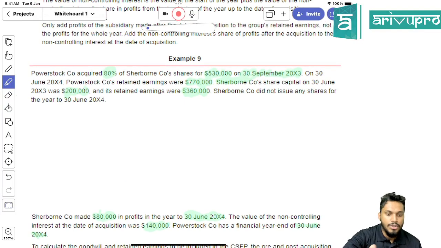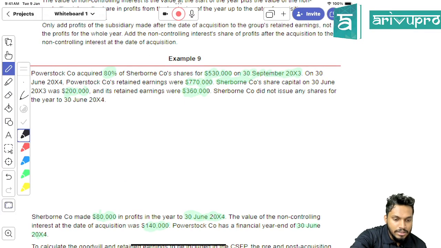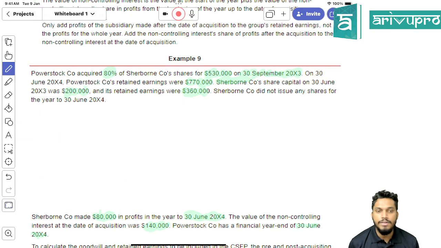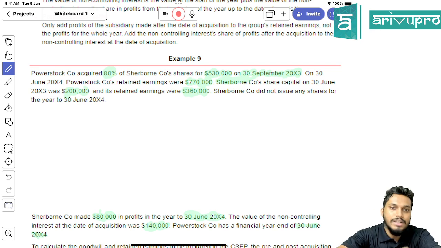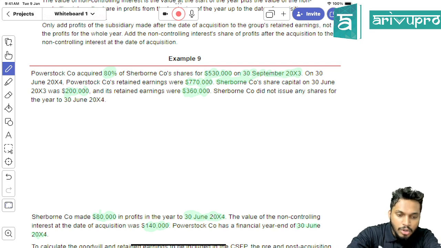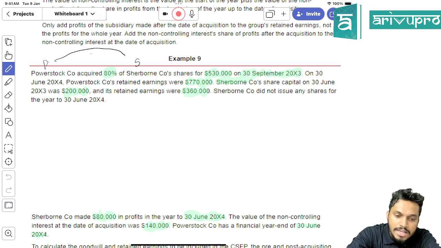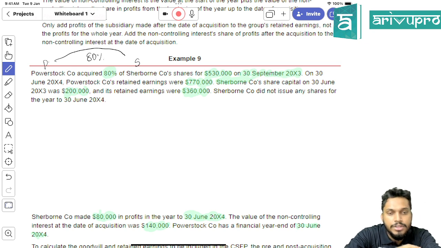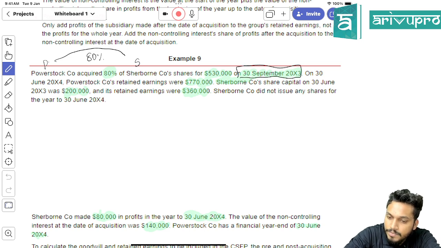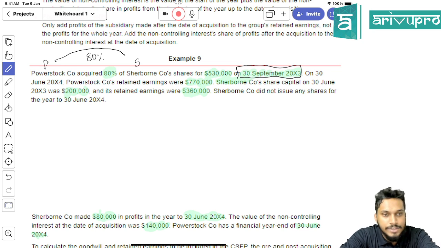Okay, fine. So the first thing we need to understand from this question is, what is our financial period? Power Stock is our parent. Everyone agrees to that? And Sherborne is our subsidiary, because Power Stock has invested 80% in Sherborne. They invested on 30th September 2013.